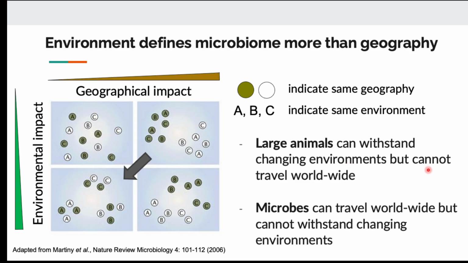I mean, nowadays we can fly, so we can travel very far, but other animals are usually constrained to a certain geographical area. And that limits their evolution. But for microbes, they can travel everywhere. But if the temperature becomes too hot, then some of them die. If the humidity changes, some of them die.